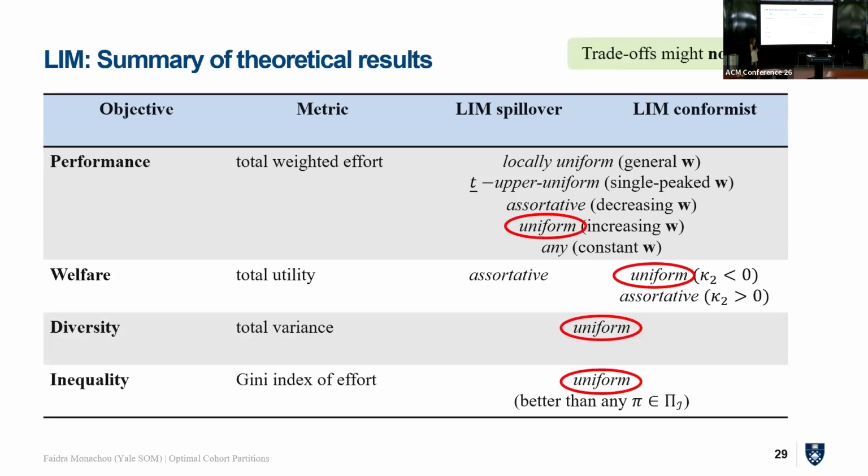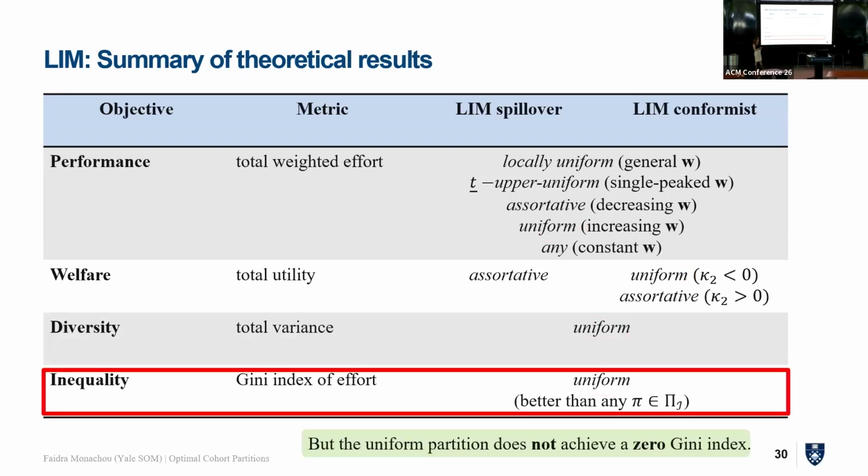Two quick observations. Trade-offs might not always arise, so depending on the model and the planner's priorities, maybe the uniform partition is optimal for all objectives. Also, the uniform partition is optimal but doesn't achieve a zero Gini index, so not zero inequality.